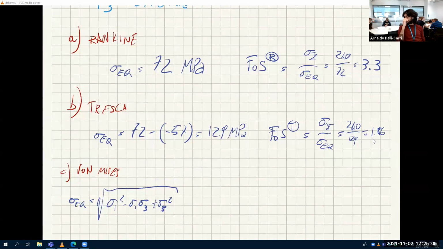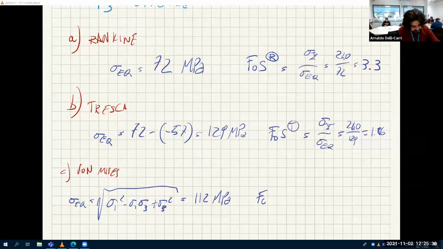Try and experiment with the formula. How much is that? 112.